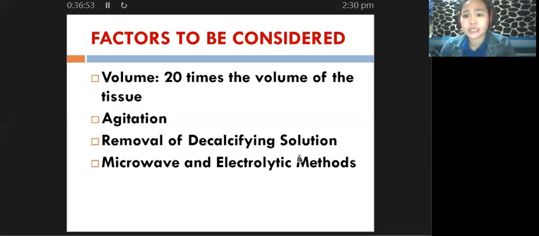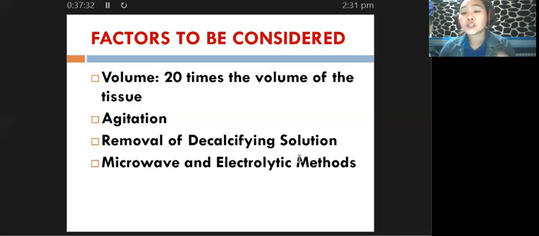Number one, it should be able to remove calcium salts or mineral deposits from tissues completely. Another, it should not produce considerable destruction of cells and tissue components. Although there will really be some destruction, it should not be significant enough that you are not able to view anything anymore under the microscope.